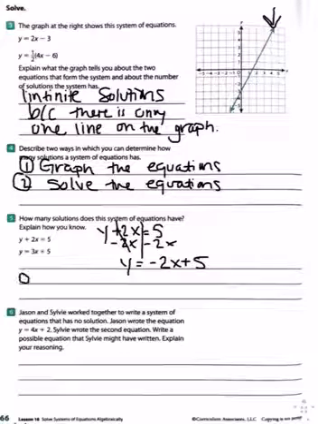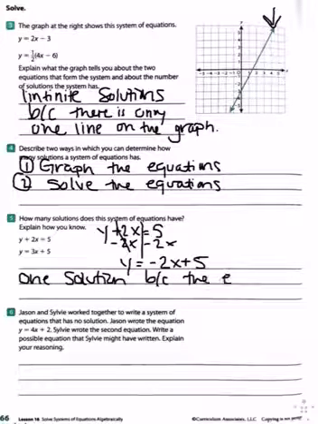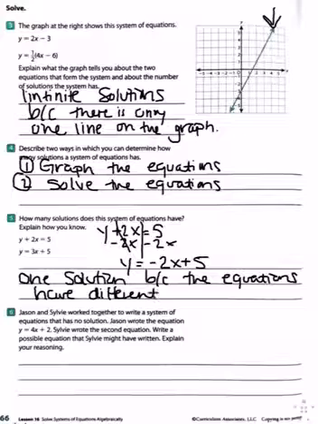I'm then going to say it's going to be one solution because the equations have different coefficients. If you look at the first equation, you'll see that the coefficient is 3, and in the second equation, the coefficient is negative 2. They're different, so it's one solution.